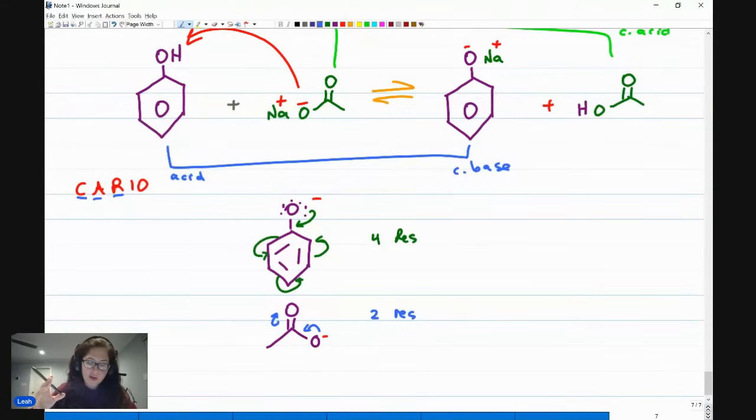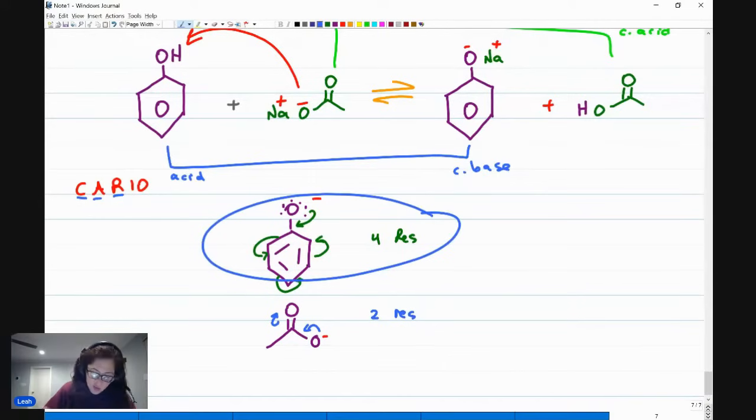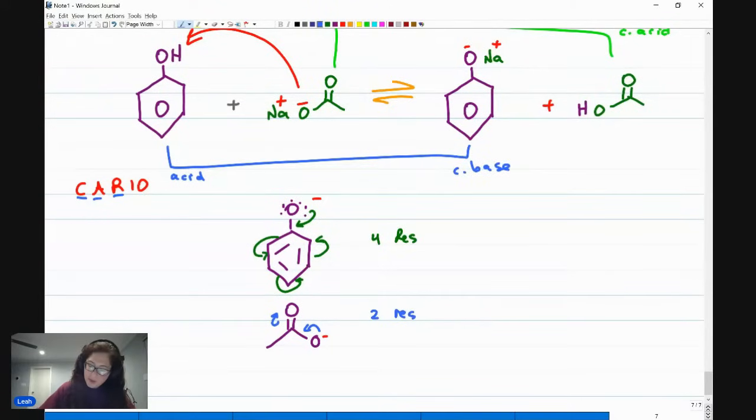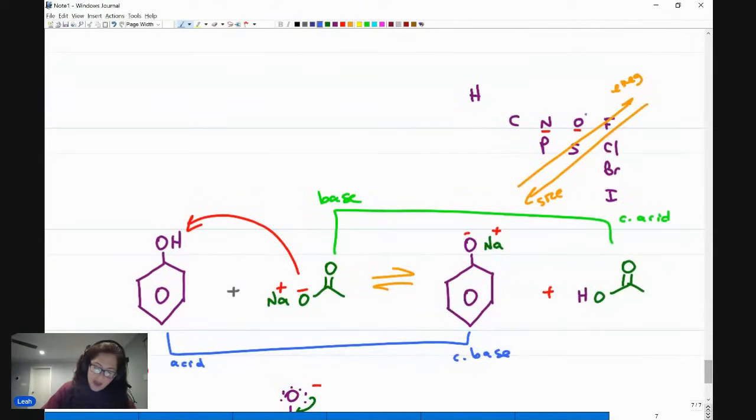If you're not sure, put IDKY. This is a trick question, and so I intentionally put it into today's review so you don't miss it on your exam. Yes, this one is 4 resonance and this one is only 2, but look at the periodic table again. Oxygen is way more electronegative than carbon and therefore way more capable of holding a negative charge.